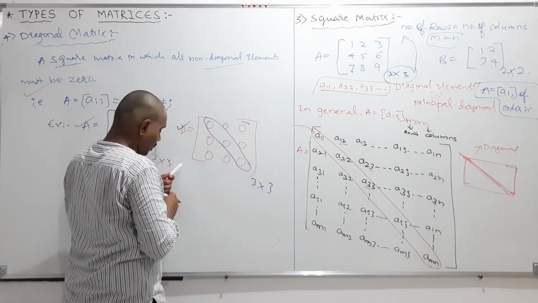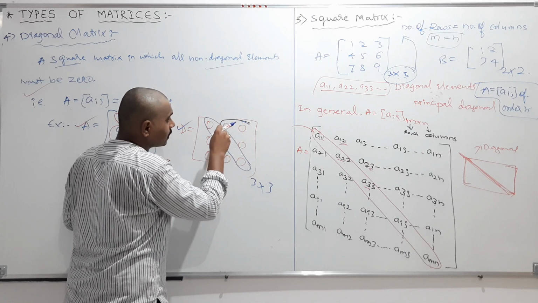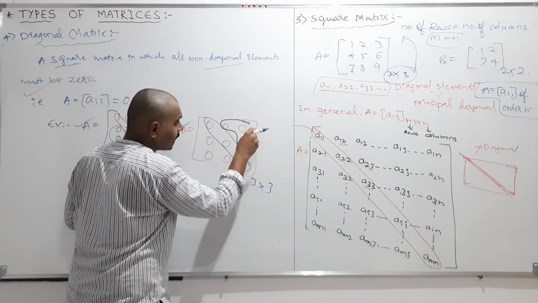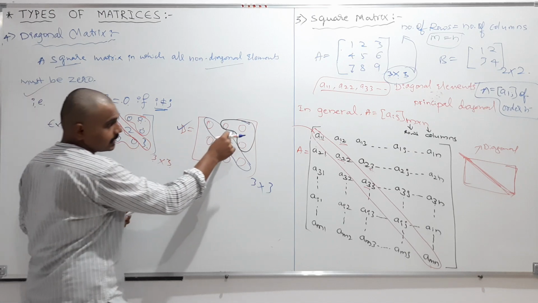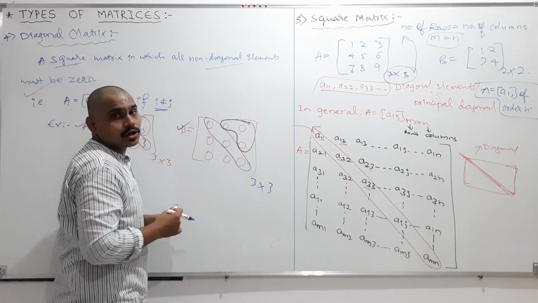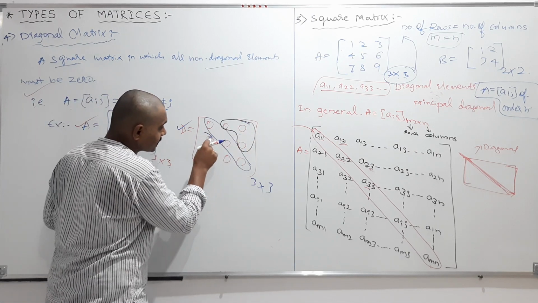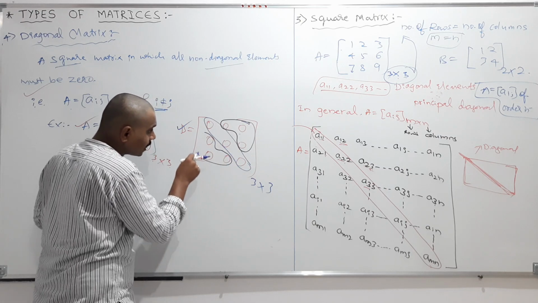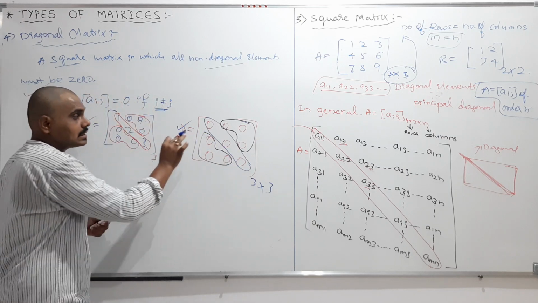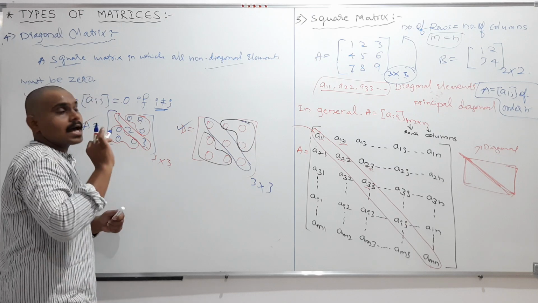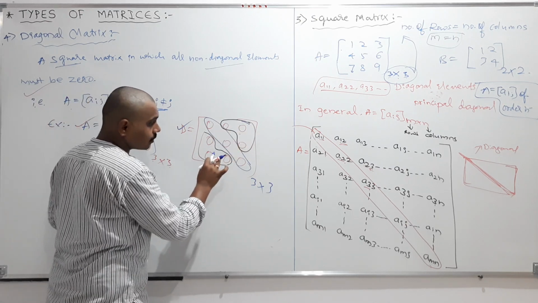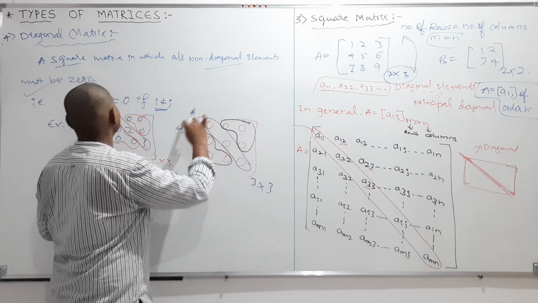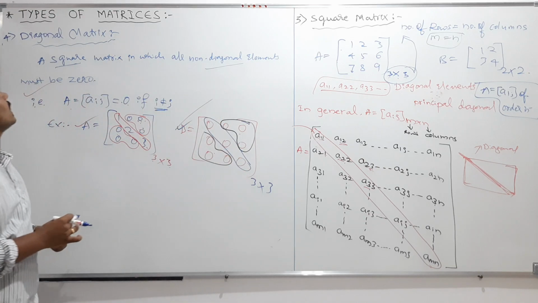Yes, here the non-diagonal elements, whatever I wrote inside the black sketch, these elements are the non-diagonal elements. And next, my dear students, these are also my non-diagonal elements. This is the square matrix and non-diagonal elements are 0. So therefore, this is also a diagonal matrix.